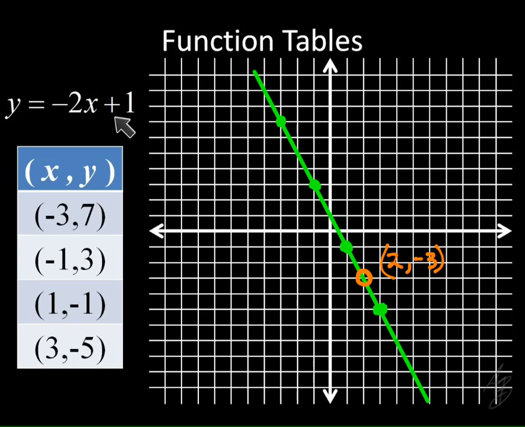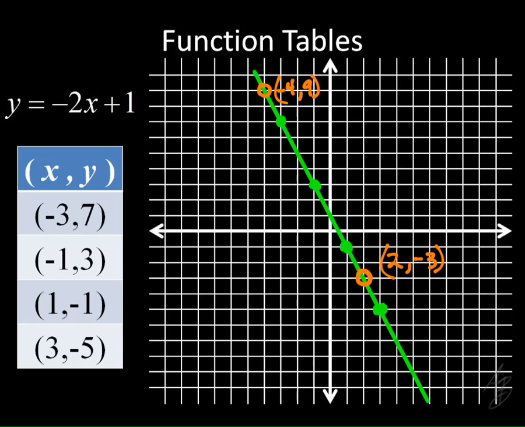And what's -4 plus 1? -3. Isn't that the ordered pair we have here? We could do that again right here if we wanted, and I'm not going to keep doing this over and over again, but we get an ordered pair here, -4, 9. And this ordered pair is also going to work for this equation. So every ordered pair along this line here is going to work in this equation. Kind of cool, isn't it?